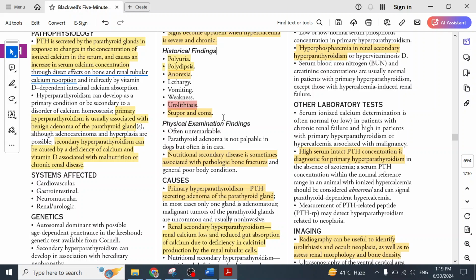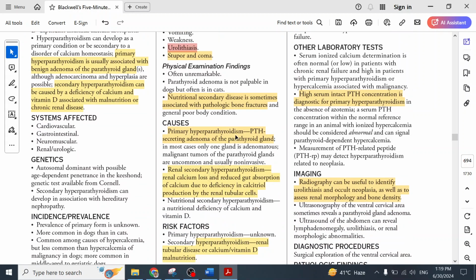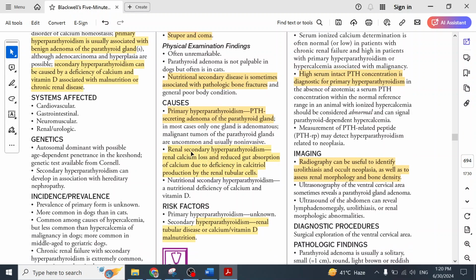Then causes, these are the causes. Primary hyperparathyroidism is caused due to an adenoma of the parathyroid gland. Whenever there is an adenoma, there is a high level of PTH and also an increased level of ionized calcium. Then the renal secondary hyperparathyroidism is due to renal calcium loss and reduced gut absorption of calcium.